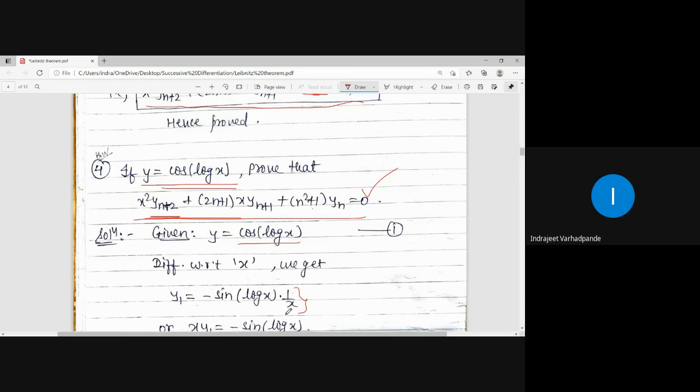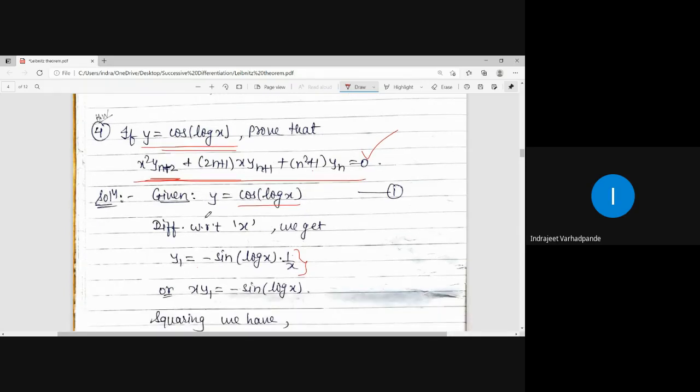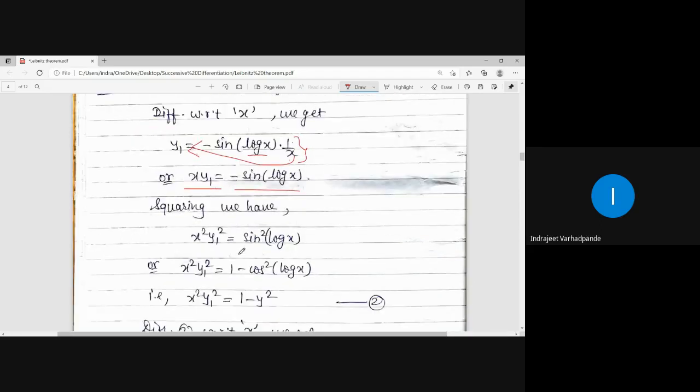Clear? This example is an easier version of the first one, right? So the first derivative y1 is minus sine of log x into 1 by x. Cross multiply this x to the other side. What you get? x y1 is equal to minus sine of log x. Clear? Now to remove this minus sign, you can square.